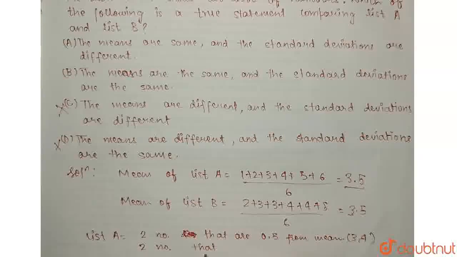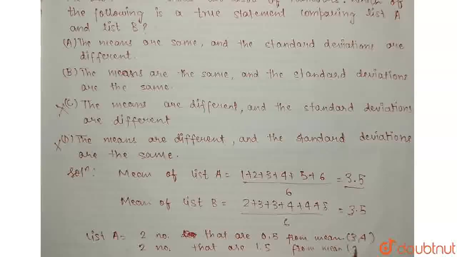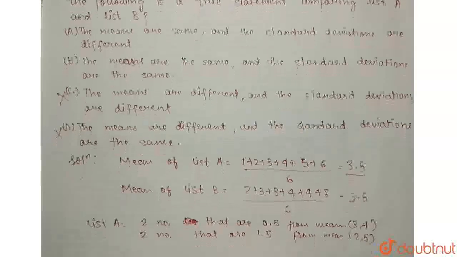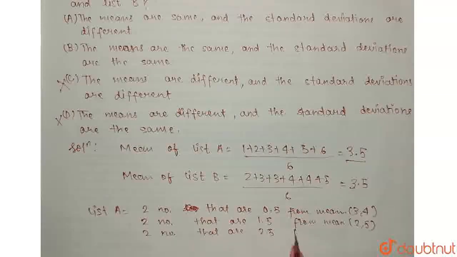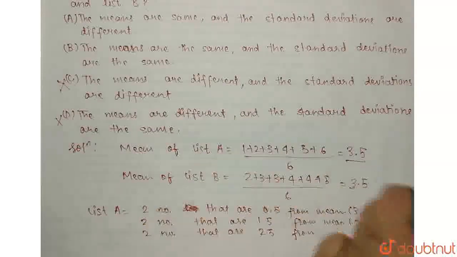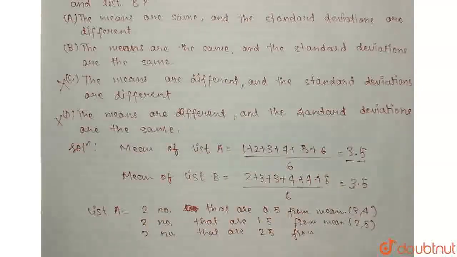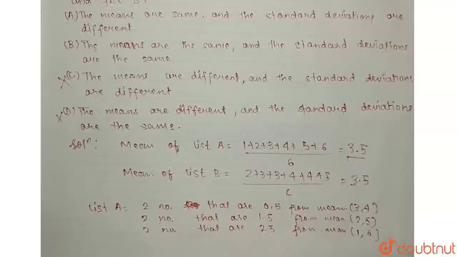Okay, and two numbers that are 1.5 from the mean, that is 3.5, and these are 2, 5. Also there are two numbers that are 2.5 from the mean, that are 1, 6. Okay, so there are two numbers in A in each of these categories.